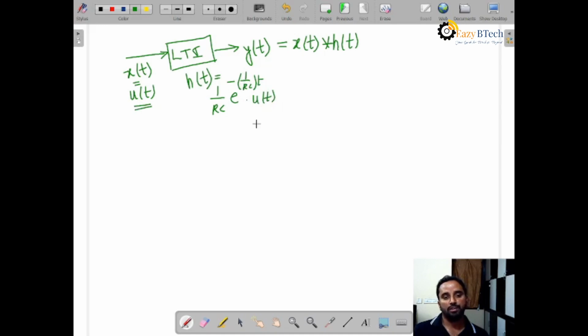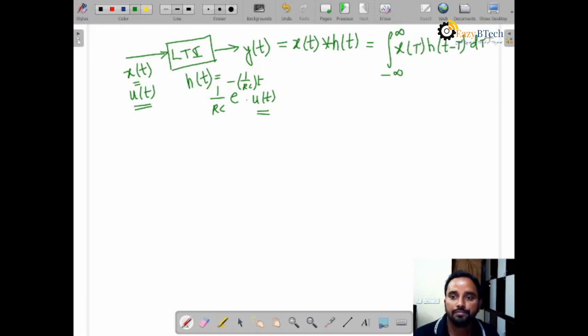So here both are causal signals. Input is a causal signal, h of t is also a causal signal. Therefore the convolution integral, generally the convolution is from minus infinity to plus infinity, x of tau, h of t minus tau, d tau. Now here x of t is a causal signal, h of t is also a causal signal.